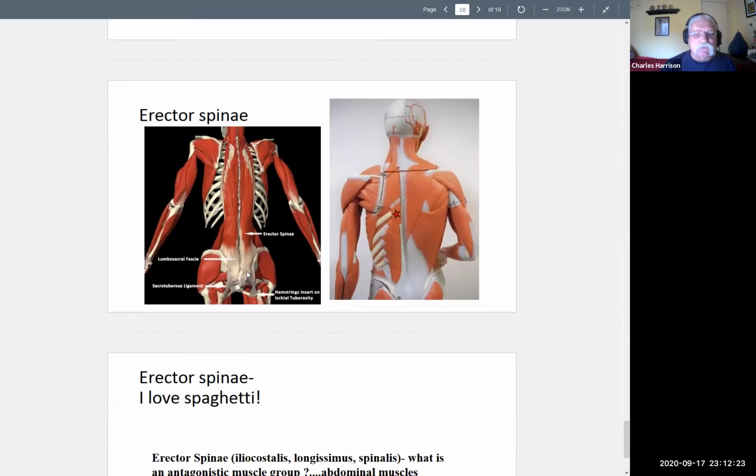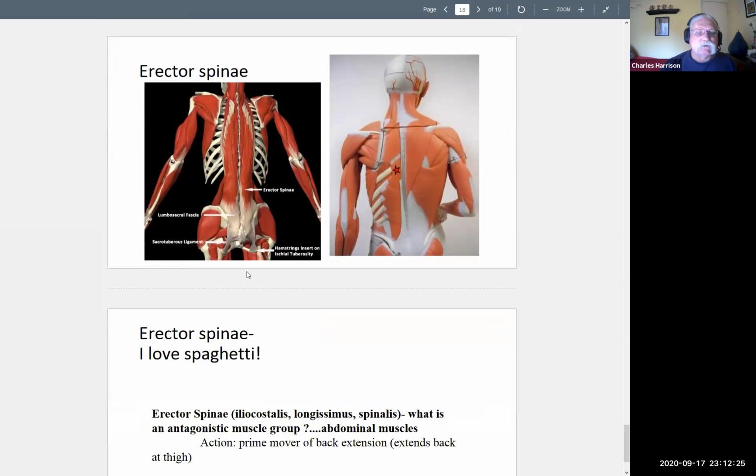This one is the one I want you to write down, please: the erector spinae. Erector spinae. It runs right down your back, both sides. Probably the cause of most back pain. It extends your back against your trunk.